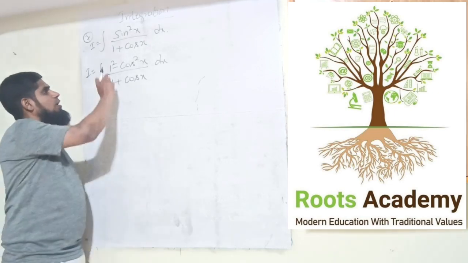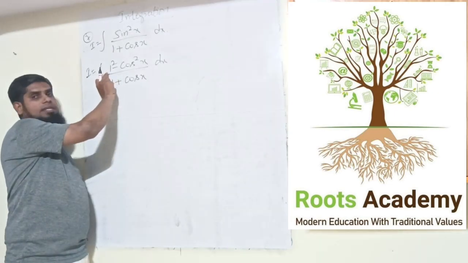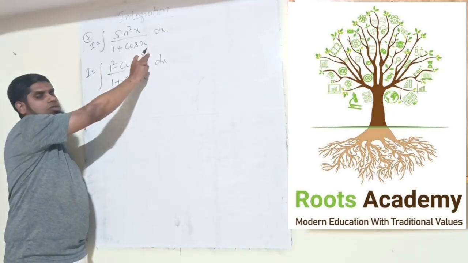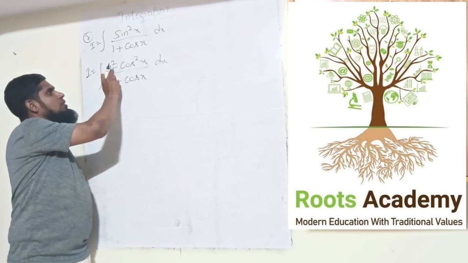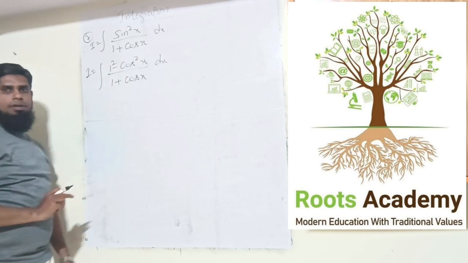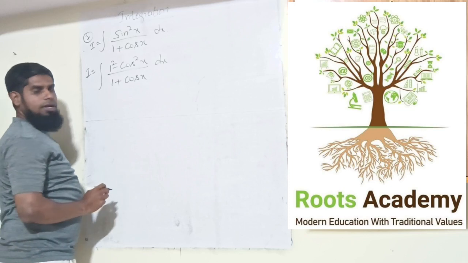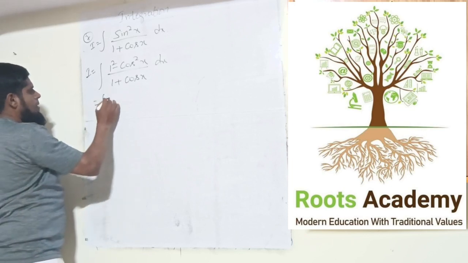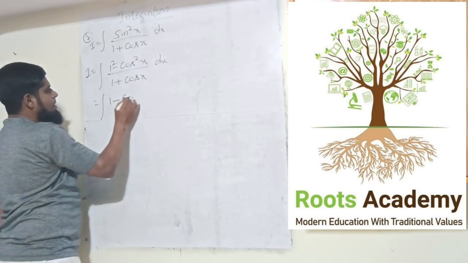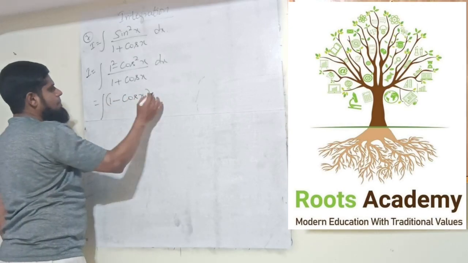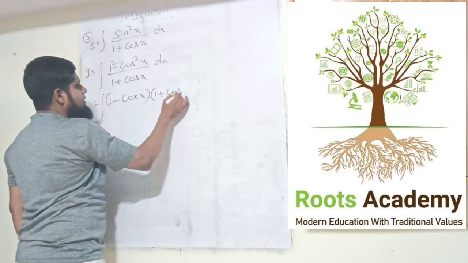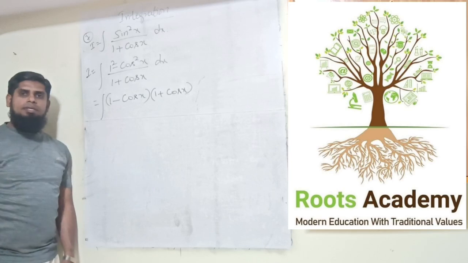Now student, here numerator 1 can be written as 1 square. The moment I wrote 1 as 1 square, then I can read this as 1 square minus cos square x. This is in the form of a square minus b square, and a square minus b square can be written as 1 minus cos x into 1 plus cos x.